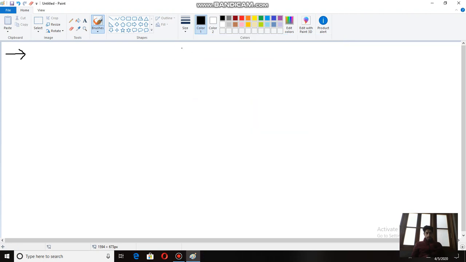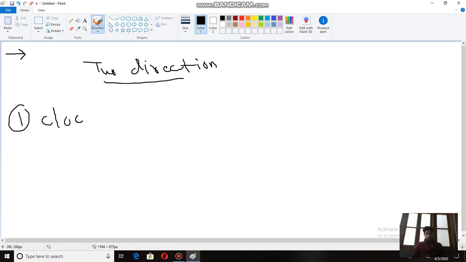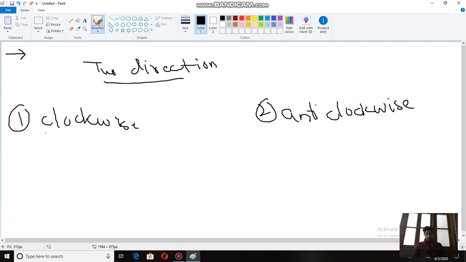Let's move forward and talk some more details. See, there are two types of directions. First one is clockwise, and second, anti-clockwise. See, what do I mean by this clockwise?